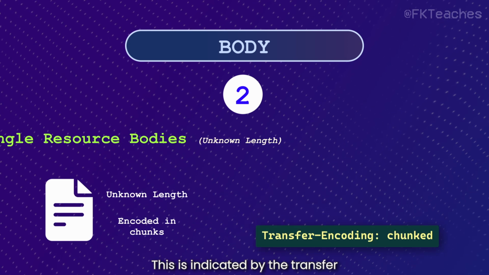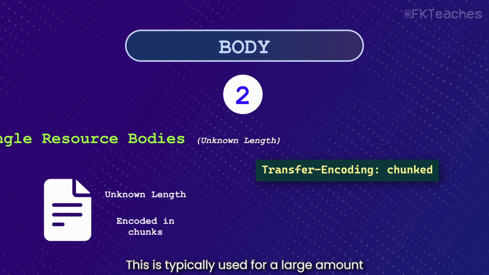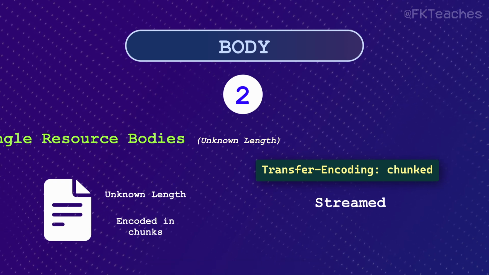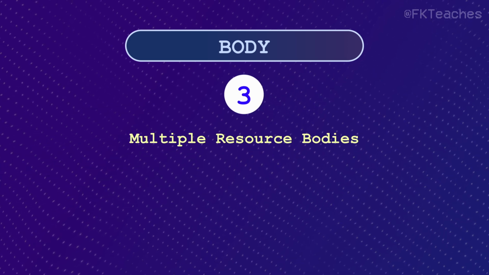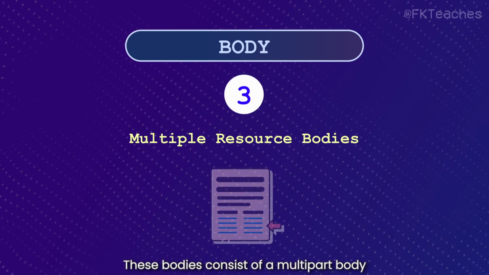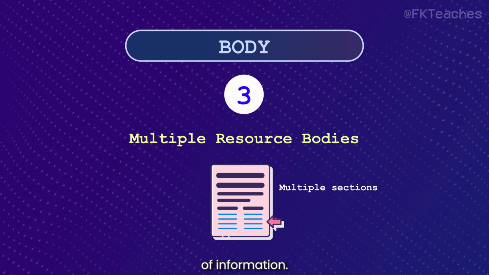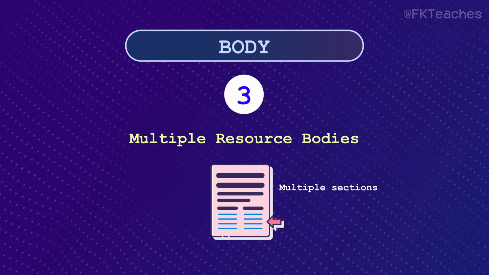This is indicated by the transfer encoding header set to chunked. This is typically used for a large amount of data that needs to be streamed. And finally, we have the multiple resource bodies. These bodies consist of a multi-part body with each body part containing different sections of information. These are rarely used in HTTP transactions.